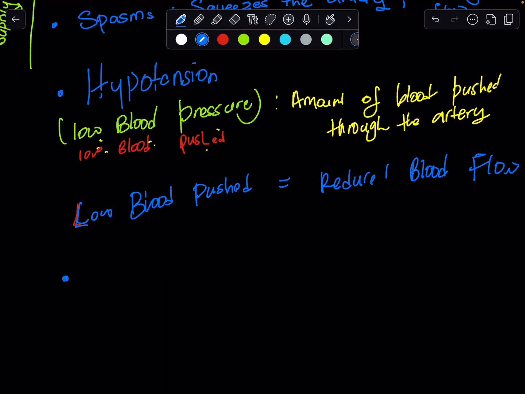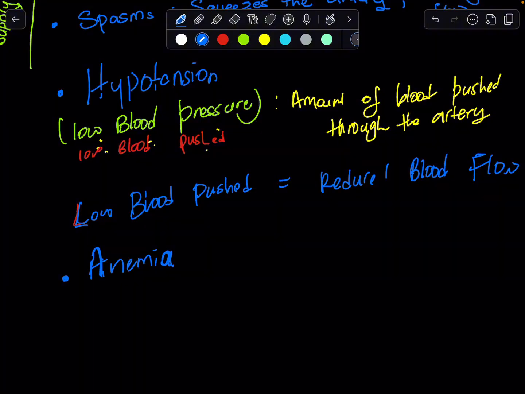Yeah, so the next thing that we're going to do is anemia. Anemia is... have you ever heard someone say they're anemic? What does that mean? They have low blood count. So that's basically what it is.